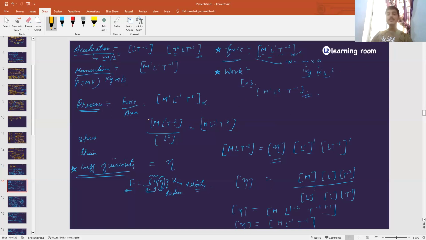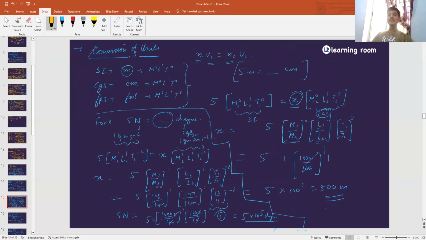For example, conversion of unit. See, any quantity, if I tell you, Rohit, to measure this length, this is a wooden plank, how will you write the measurement?